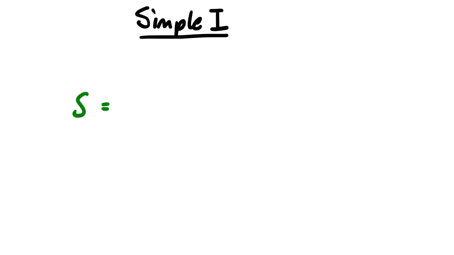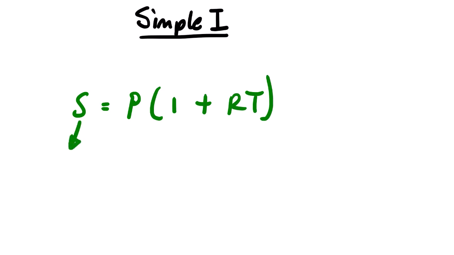S is equal to P(1 plus RT). This S simply means accumulated value, or accumulated sum, which is the same as future value. So we know that under financial mathematics, or this chapter, normally we deal with money.